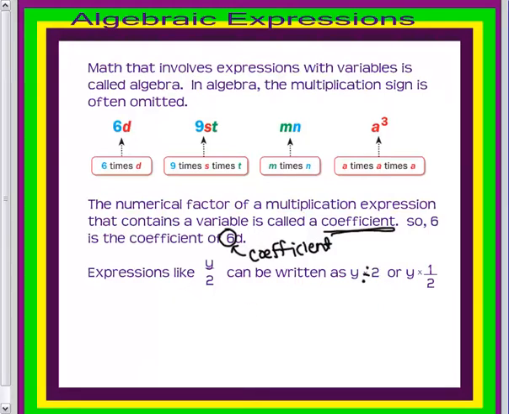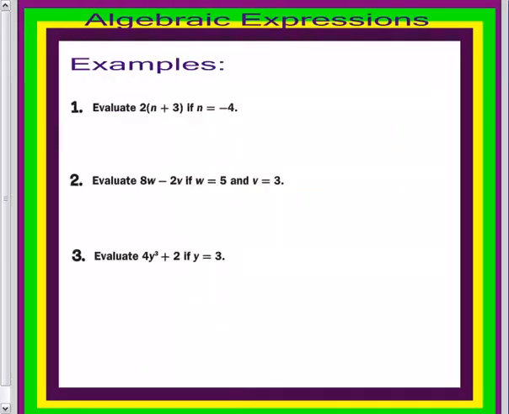All right, so let's look at some examples. They want us to evaluate 2 times the quantity of n plus 3. So this is like a distributive, right? This would be like 2 times n plus 2 times 3. So what we do here is we can solve this by plugging in a -4 for n.